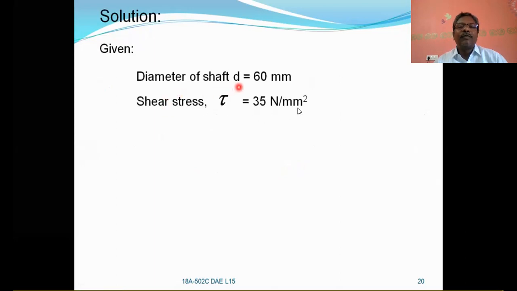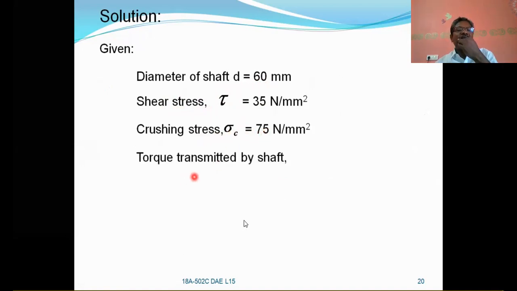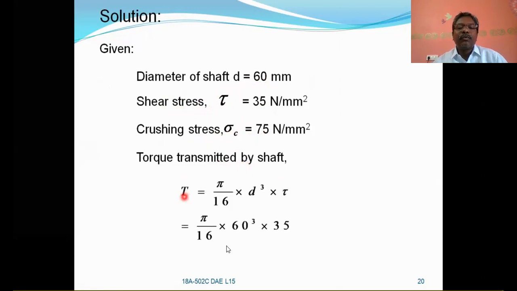So the diameter of the shaft D is equal to 60 mm, the shearing stress tau is equal to 35 newtons per mm square, and the crushing stress sigma c is equal to 75 newtons per mm square. Now the torque transmitted by the shaft: T is equal to pi by 16 tau d cube.